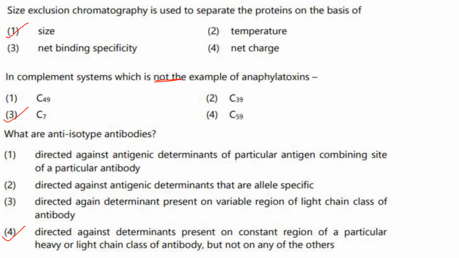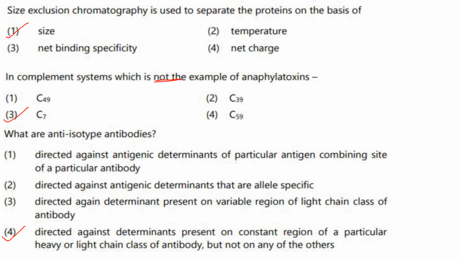Even there are subclasses for some immunoglobulin molecules, like IgG has IgG1, IgG2 like that, and IgA has IgA1, IgA2. So these antibodies can also bind to these different antibody subclasses. So they are called anti-isotype antibodies.